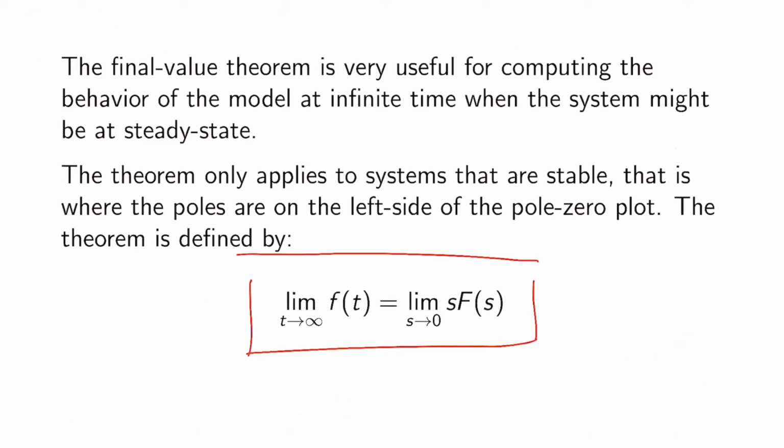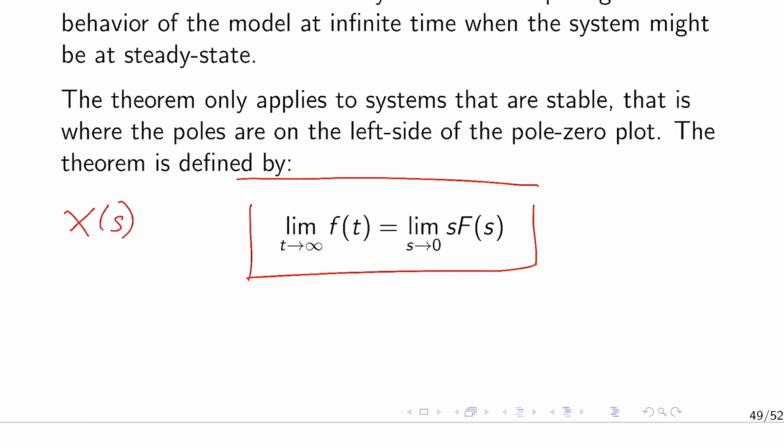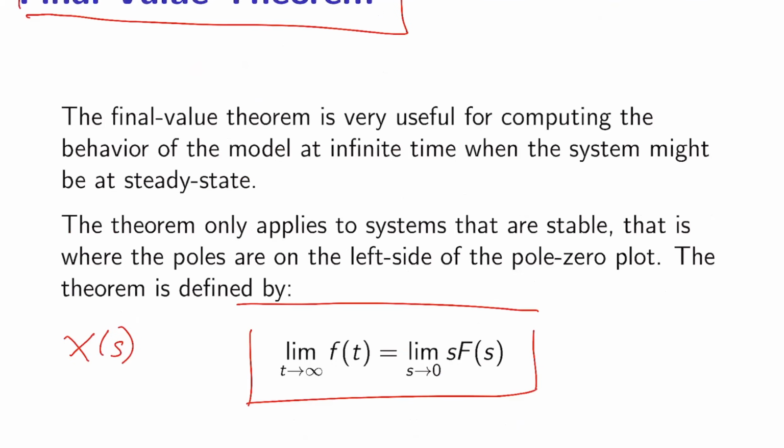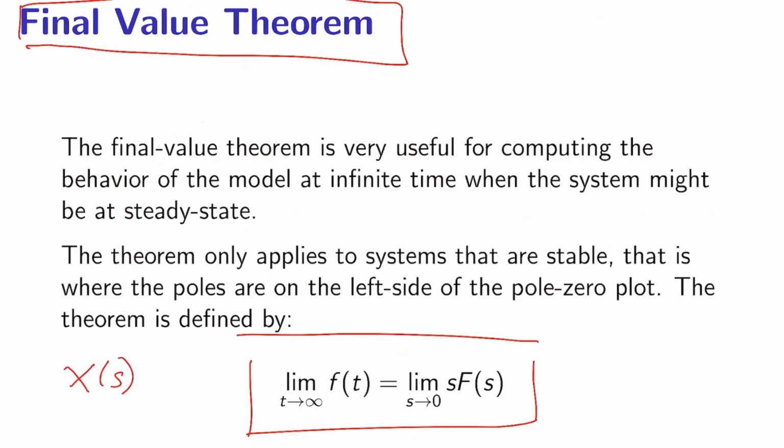It looks a bit weird when you first see it, but it lets you compute the steady state of the system given the transform, given X of s. So given X of s, what can I say about the steady state of x for the system?